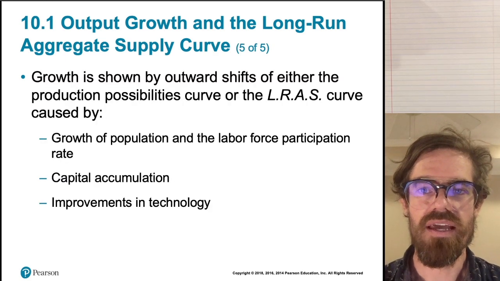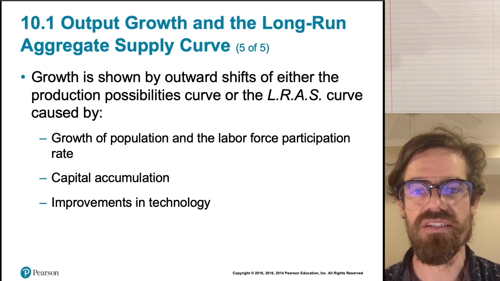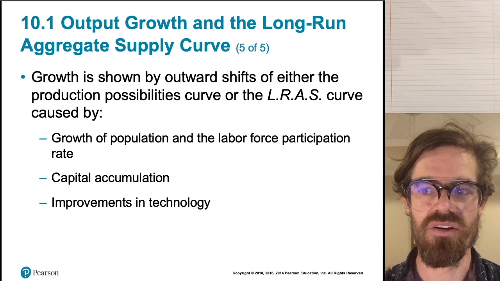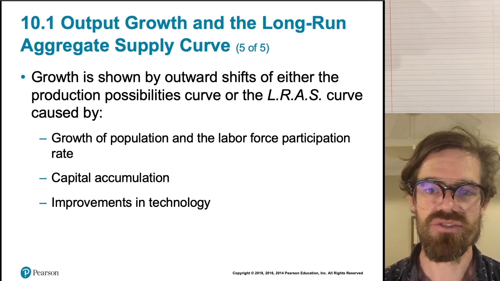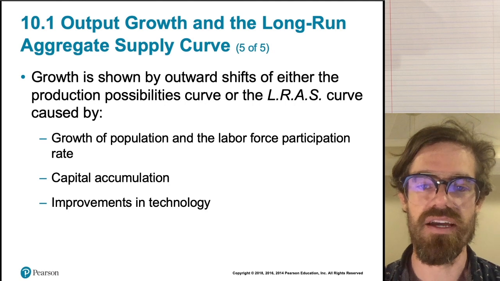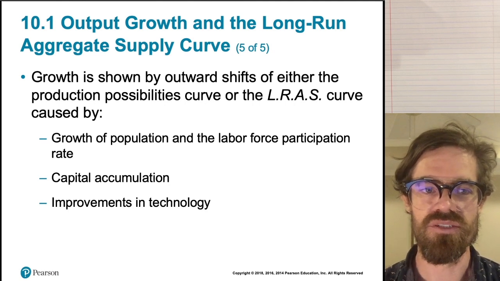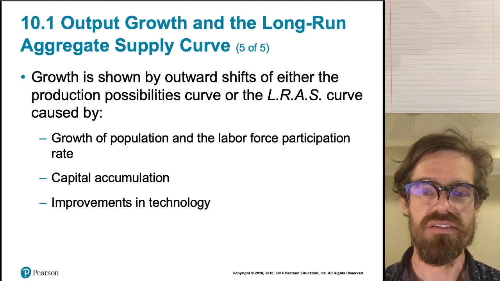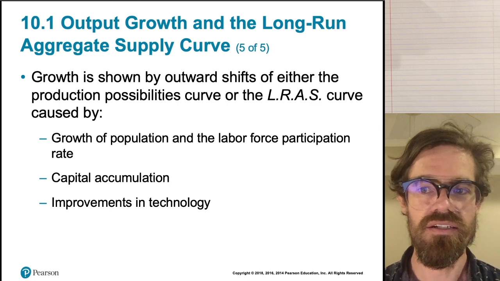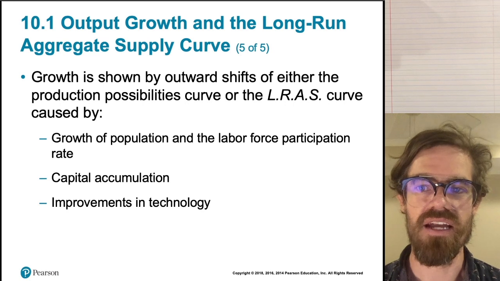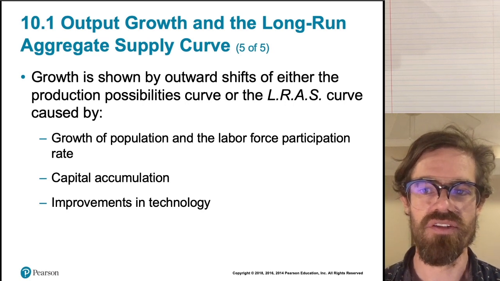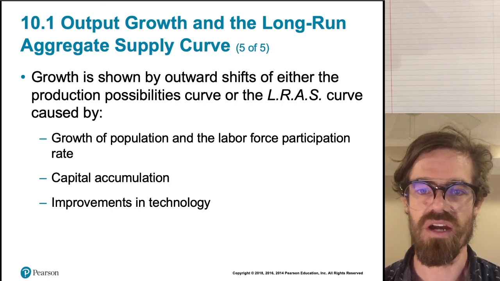Now, we saw what economic growth looked like in our PPC model. What does it look like now with long-run aggregate supply? Pretty straightforward. It's almost exactly like the supply curve we learned about in Chapter 3 in our supply and demand model, where when supply increases, it shifts to the right. Same thing here. So when there's economic growth, it's represented as a shift of the long-run aggregate supply curve to the right.